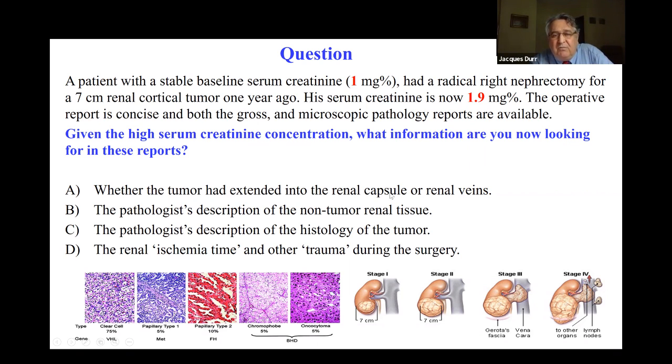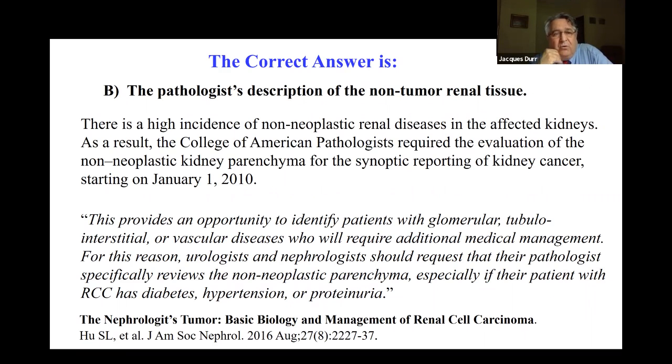Is it whether the tumor was large, the histology, the normal tissue of the patient, and so on? So the question, most of you probably will agree, you want to know the pathologist's description of the normal renal parenchyma. I say normal, or how abnormal was it at that time, so that we can do projection in the future. And this is very important, as you're going to see in the next slides.